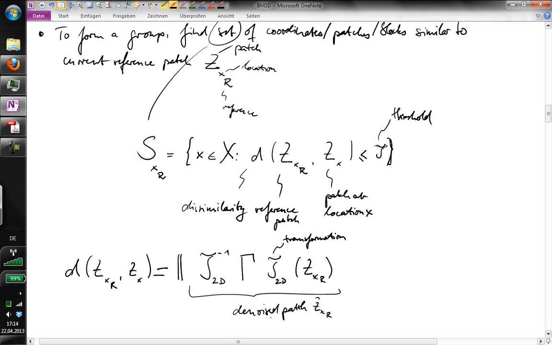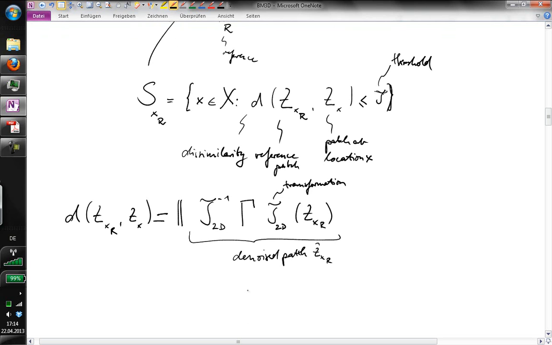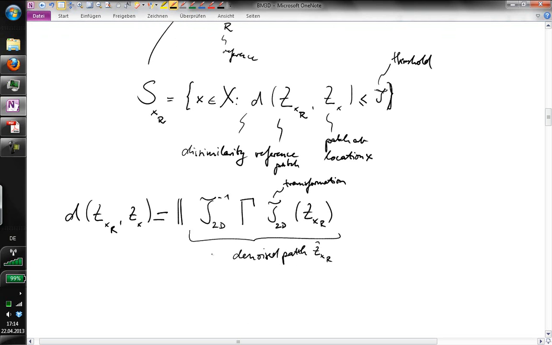This is the denoised patch, and as regards this 2D transformation and this hard thresholding operator, I just ask you for patience until in a week or two when I will have explained them in detail. So this is a hard thresholding operator.